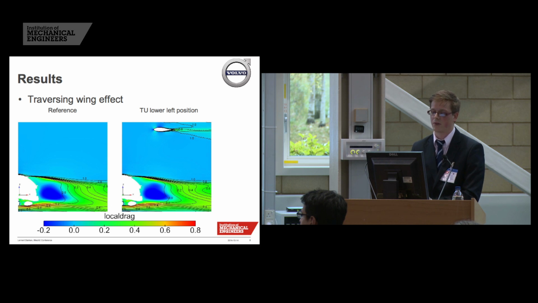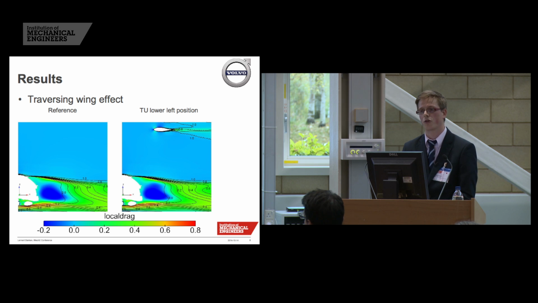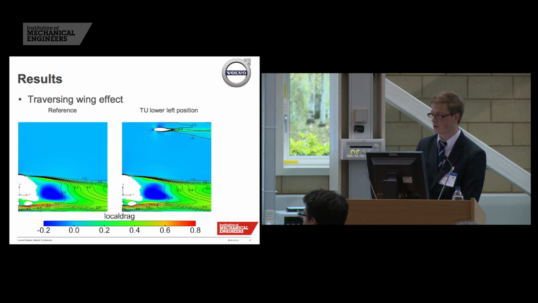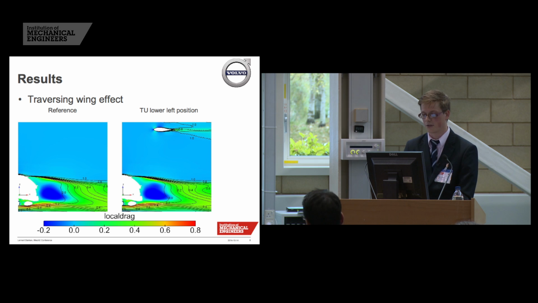If we look at this from a different perspective, we plot local drag, which is a visualization of the contribution of local drag in the fluid flow, superimposed here with total pressure contours.